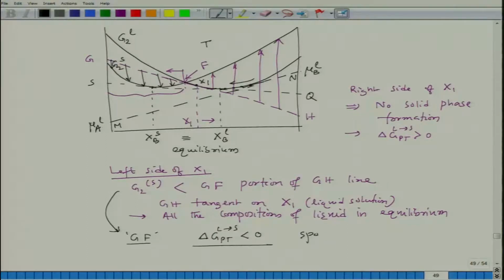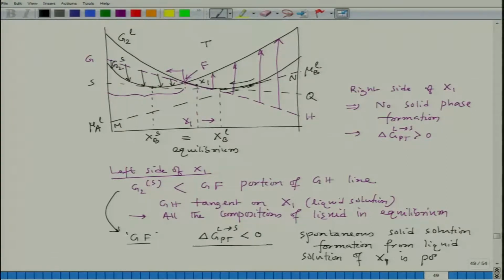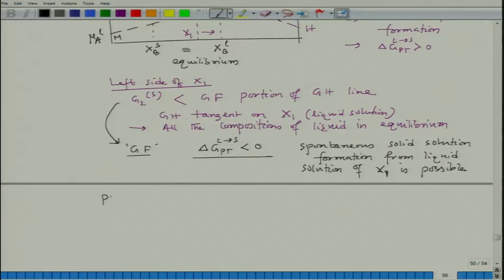So spontaneous solid solution formation from the liquid solution of X1 is possible, and by possible I mean thermodynamic possibility.